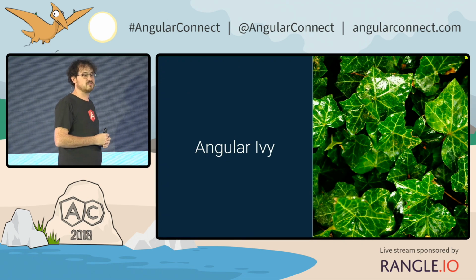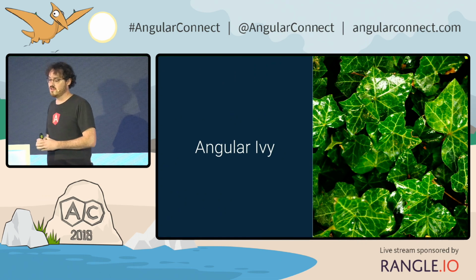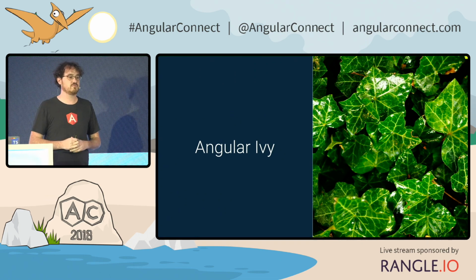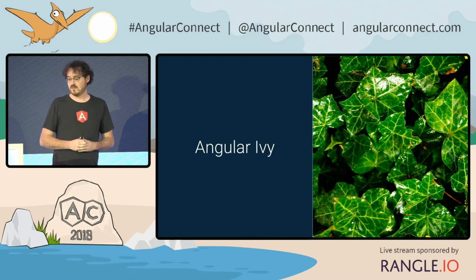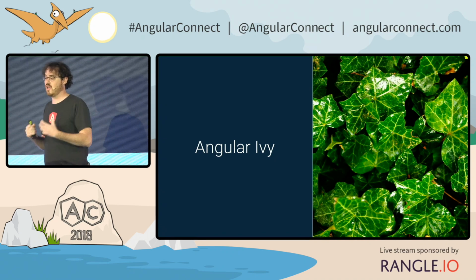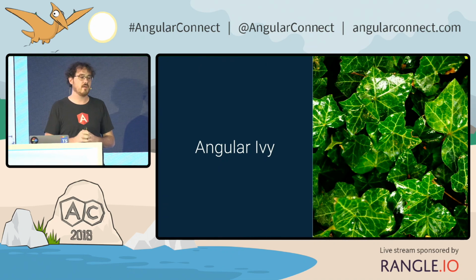But as we're doing this, we started running into some limitations. Our current rendering architecture, which is known as the View Engine, just wasn't getting us where we wanted to be. And so it was time for a new approach. And Angular Ivy is that new approach. At a high level, Ivy is a new backend for our compiler, coupled with a new runtime.